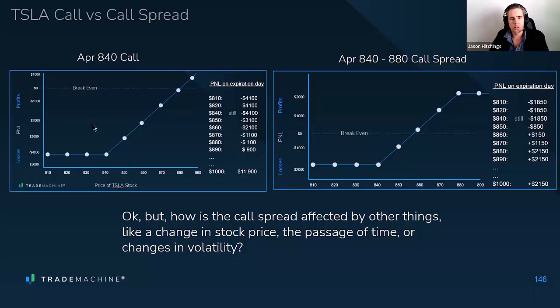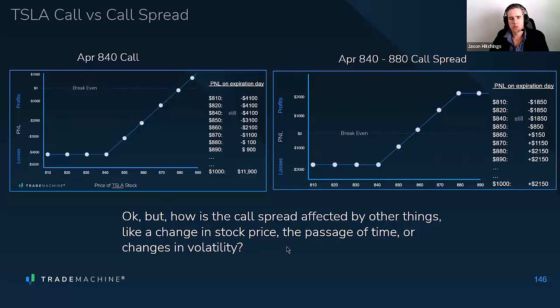And furthermore, these are the stock prices at expiration. We know this is what it's going to be worth at expiration, but what if stock moves by $1 right now? What's the total spread change in value? Does my total spread change by $100 in my direction right now?